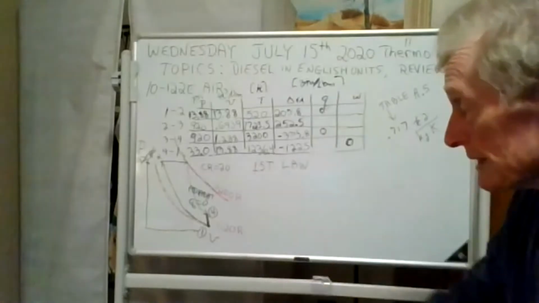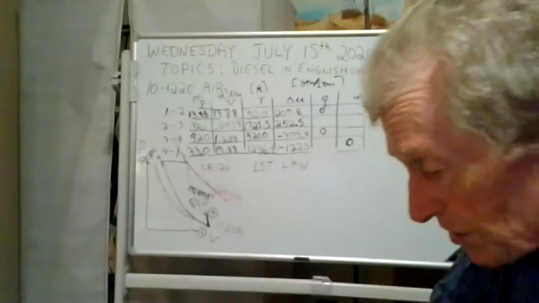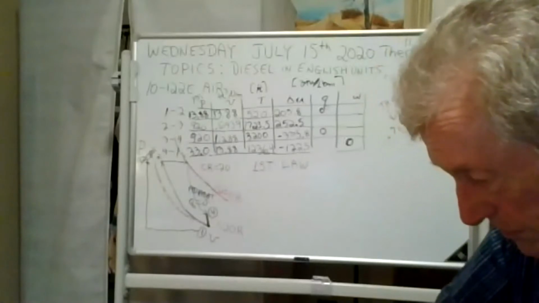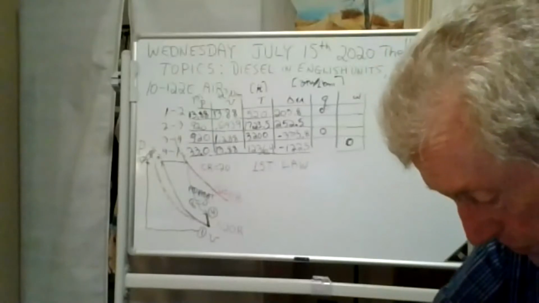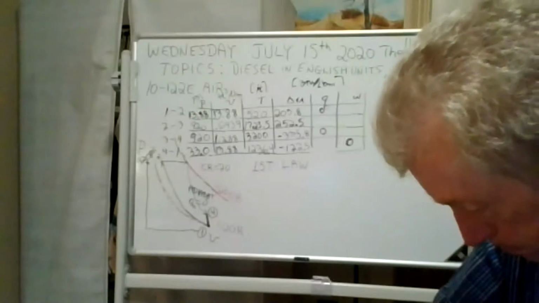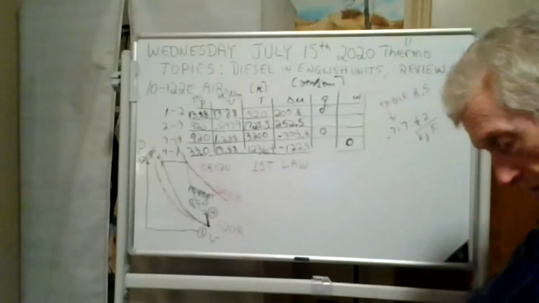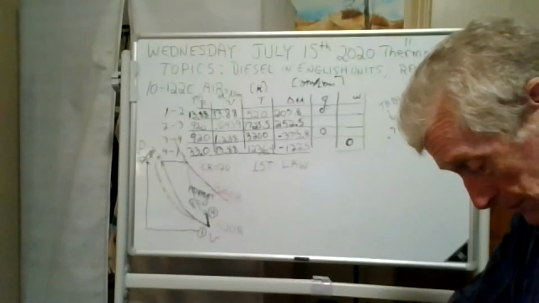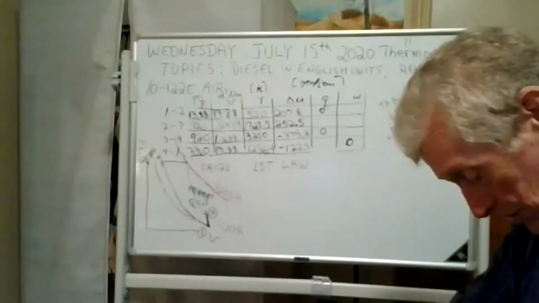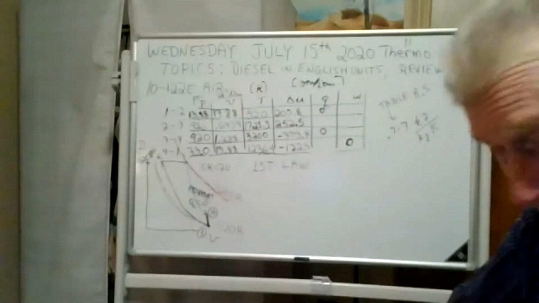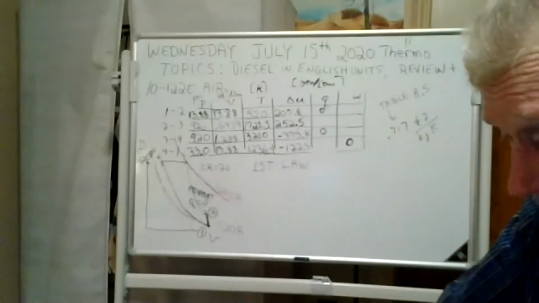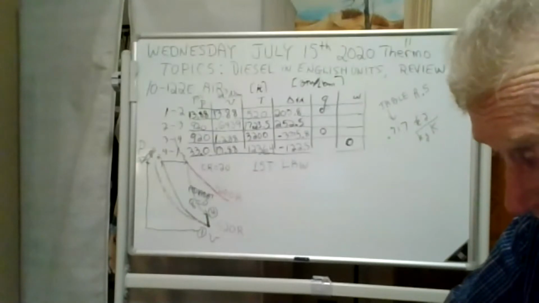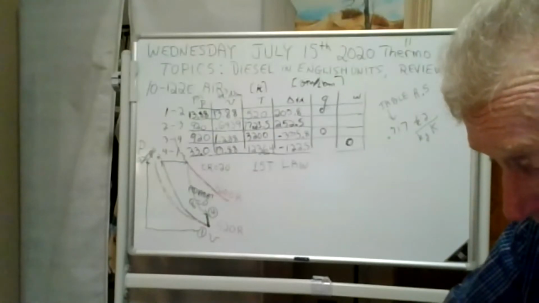And see, this is considered a control mass, CM. No mass gets out of this piston. No mass comes in. Now, in a real diesel engine, you do have air and diesel fluid coming in, and you do have exhaust gases going out.